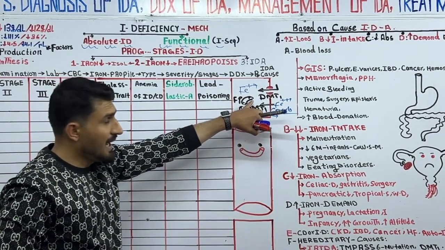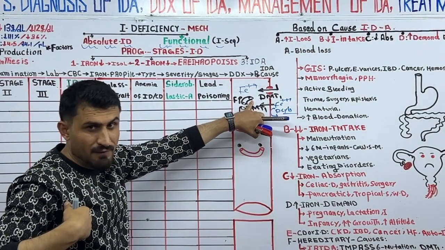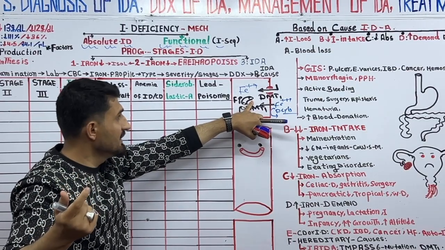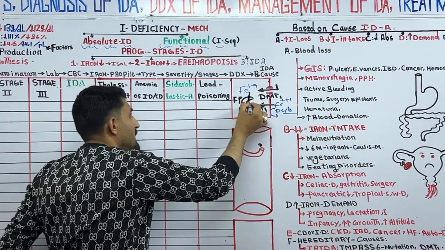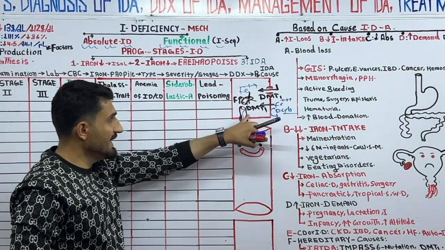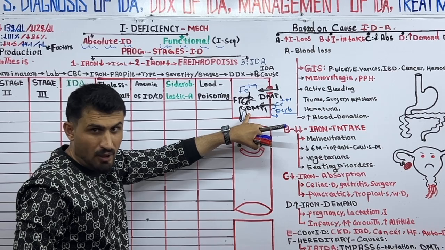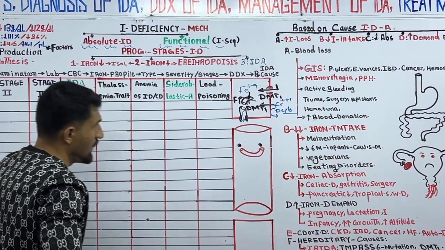So now when I have inflammation, a lot of hepcidin will be secreted in my body, and this hepcidin inhibits ferroportin, so I cannot take iron, so I will not have iron in my body, okay. And that's one problem.